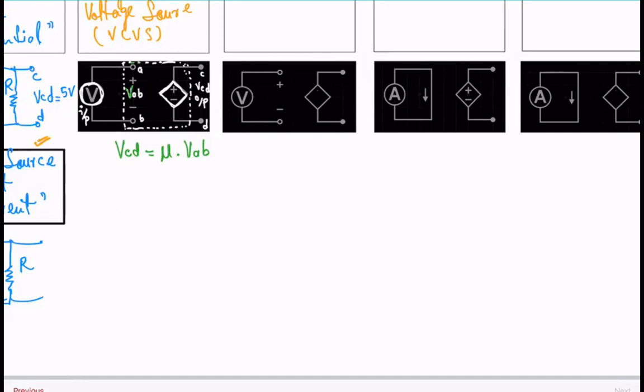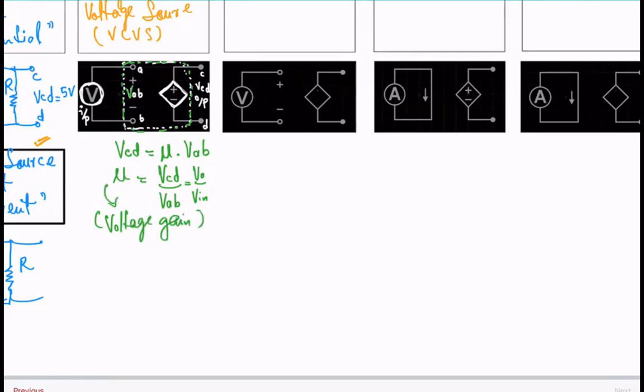Remember, this block inside has some electrical components, which could be a combination of resistor, capacitor, inductor, or anything. If I rearrange this equation, mu equals VCD over VAB, correct? In other words, output voltage over input voltage. This is what we refer to as voltage gain. This mu represents the voltage gain.